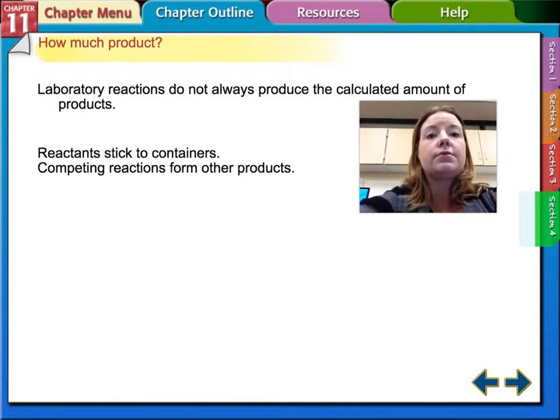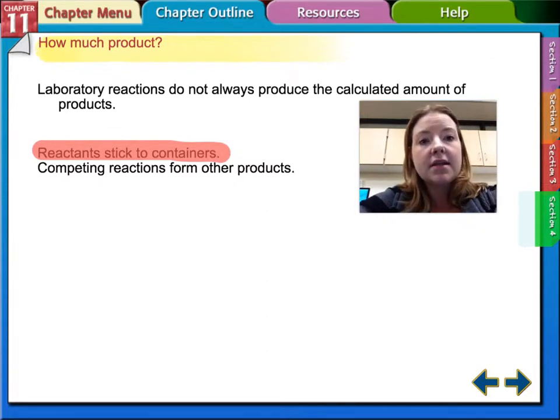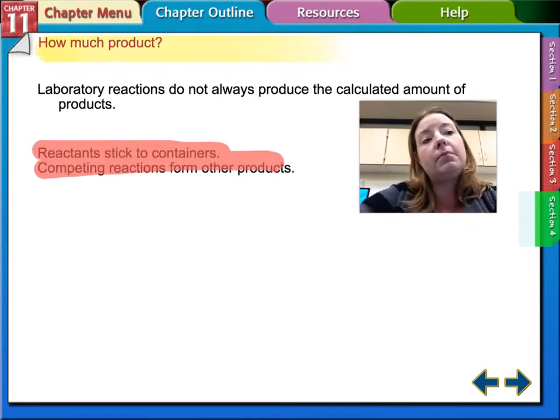Some of those reasons are that the reactants might stick to the containers, and there's also the fact that different materials are reacting with each other and competing to form different products. So there are a couple of different reasons, but we're going to figure out what your percentage of amount being made is.